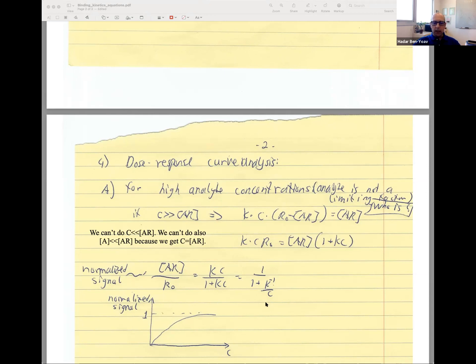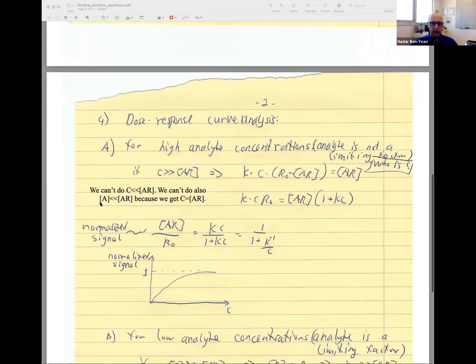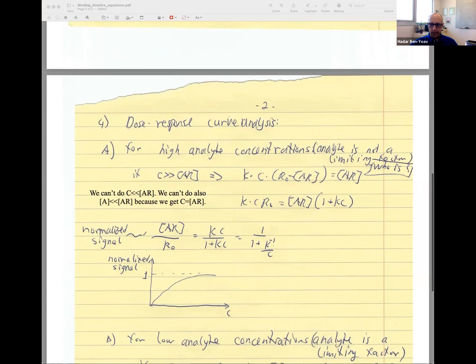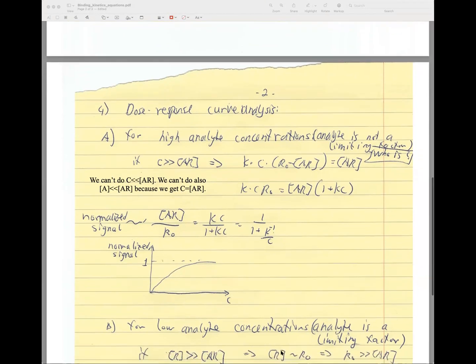Okay. Now, in most cases, when you use a sensor, you don't have a lot of the analyte. Usually you want to have a sensor that is very sensitive to low concentrations of the analyte. So let's take the B option, when we have a very low analyte concentration, which means that the analyte is the limiting factor.